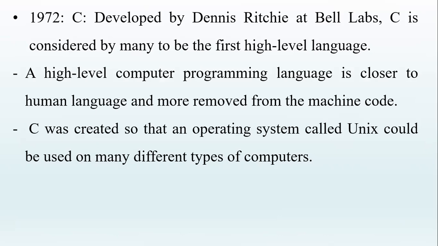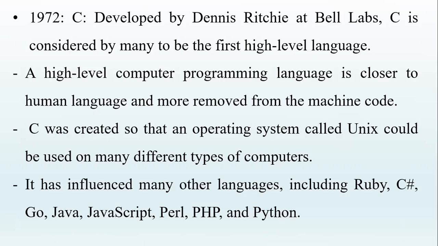C was created so that an operating system, which is called Unix, could be used on many different types of computers. It has influenced many other languages, including Ruby, C#, Go, Java, JavaScript, Perl, PHP, and Python.